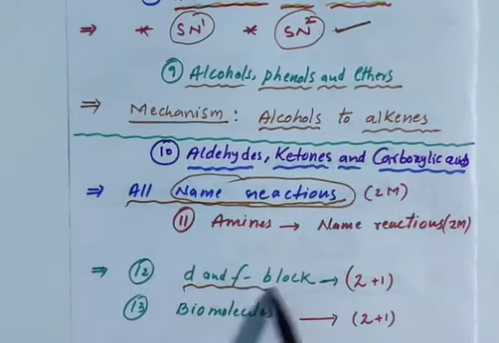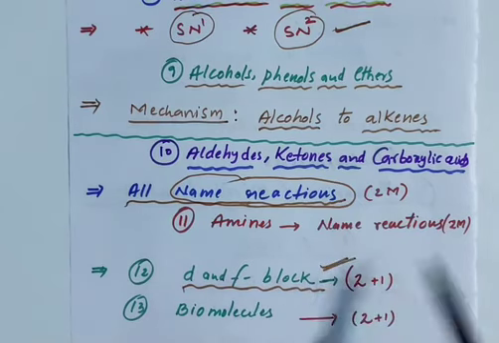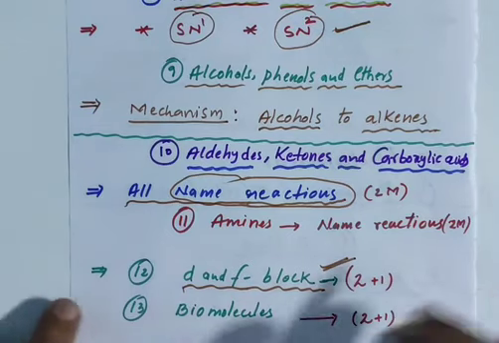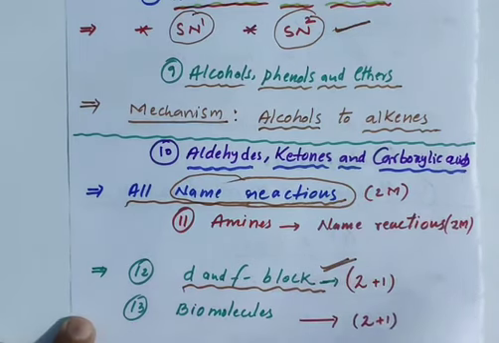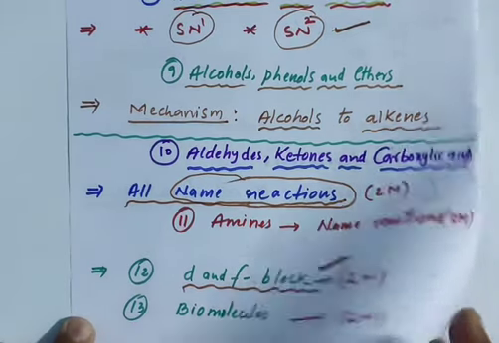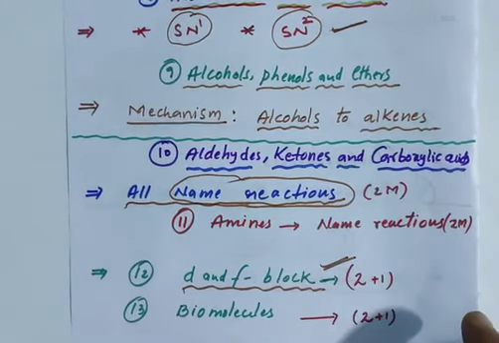And D and F block is another chapter. Here also you don't get a direct 3 marks question; it is 2 plus 1. In D and F block, they mostly ask reasoning type questions. Today in this session, I explain only 3 marks questions. So I repeat one more time.